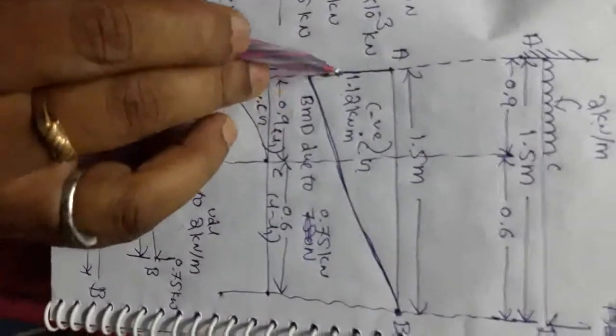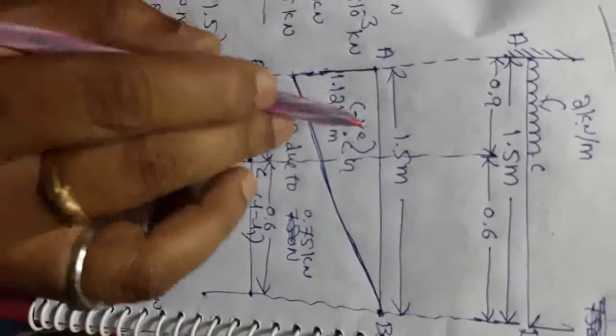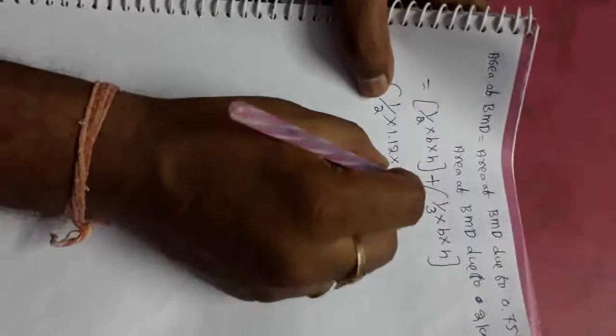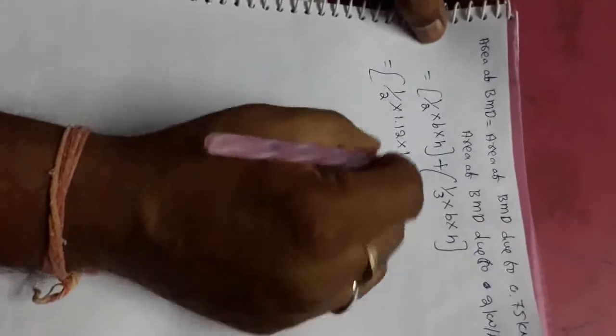So for this triangle, half into base 1.12 and height 1.5, where 1.5 is the span length.